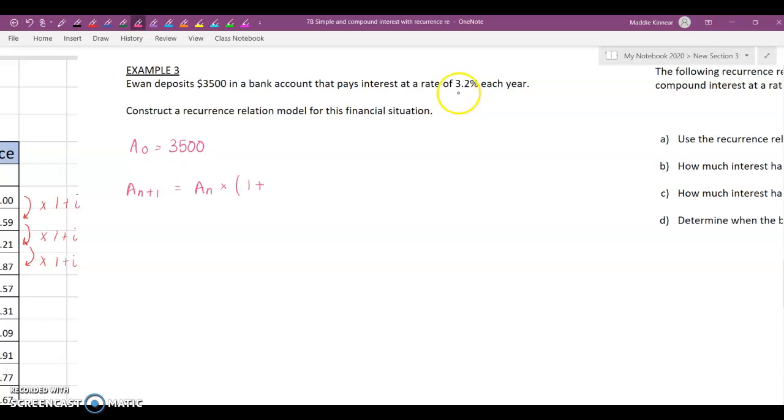And remember, i is the decimal equivalent of this. So i is going to be equal to 0.032. So just writing that out in a neater form, we're going to get 1.032 times A(n). And that is our recurrence form.